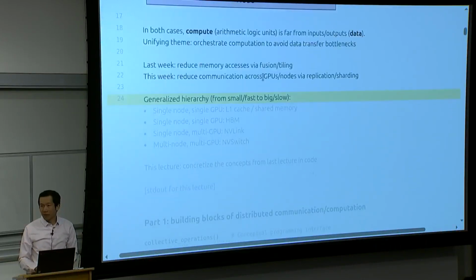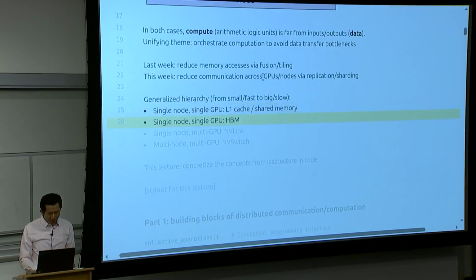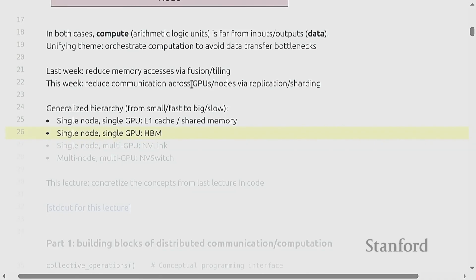Here I'm taking a little bit of liberty to put everything in one hierarchy, from small and fast to big and slow. The smallest and fastest is on a single node, single GPU: you have L1 cache. That's extremely fast, but very small. Then you have HBM on a single GPU. Then between GPUs on the same node, we have NVLink.